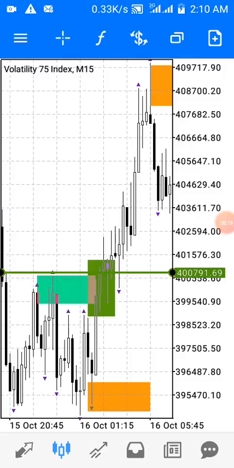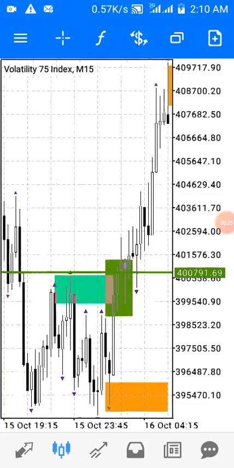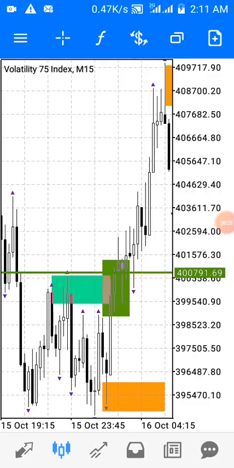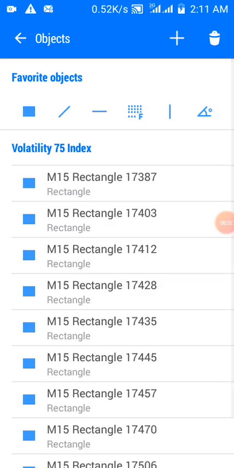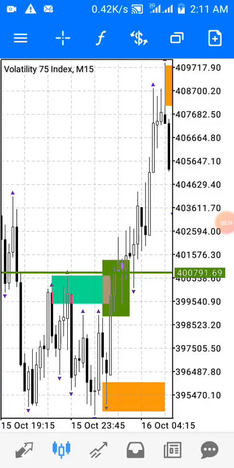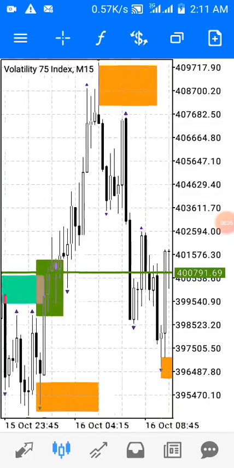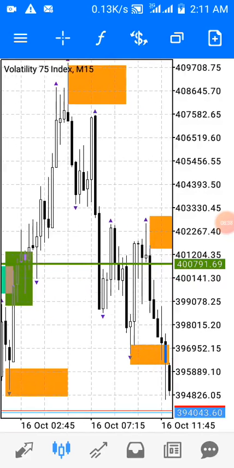So these are buy trades at the breakout of the resistance area. If you are going to sell, you sell at the breakout. Let's look for an example, like this is a support.